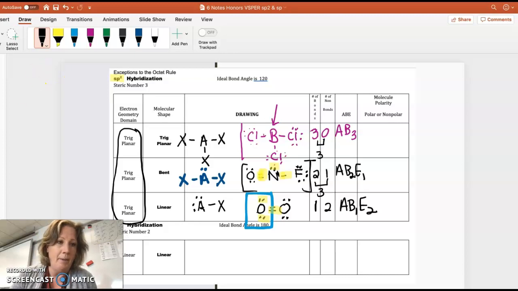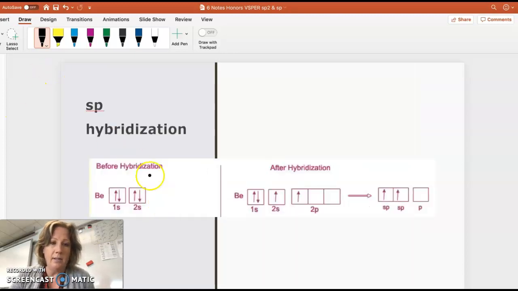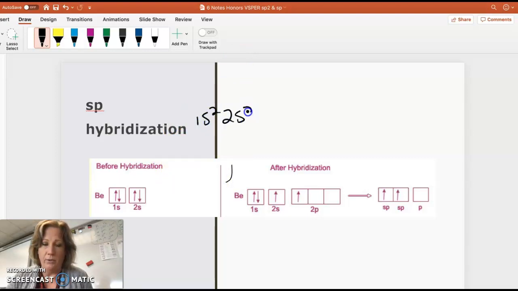One more type of hybridization. This is called sp hybridization. It's another element that will have an exception to the octet. Beryllium is the one that's most common here. So beryllium is 1s2, 2s2.